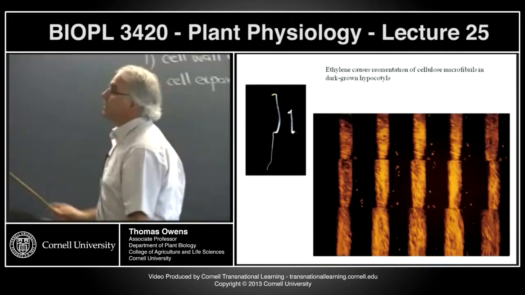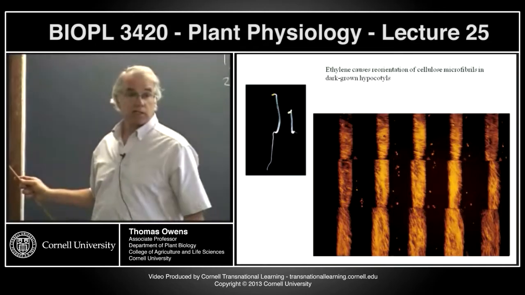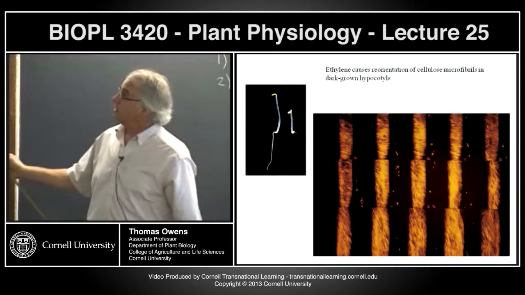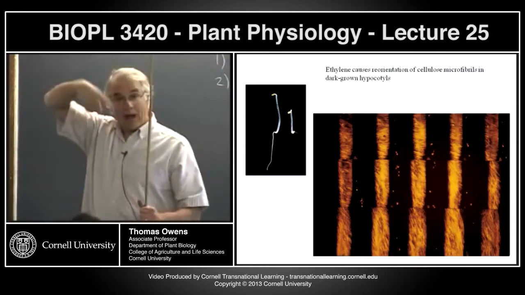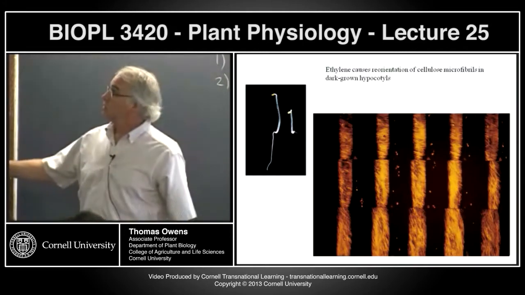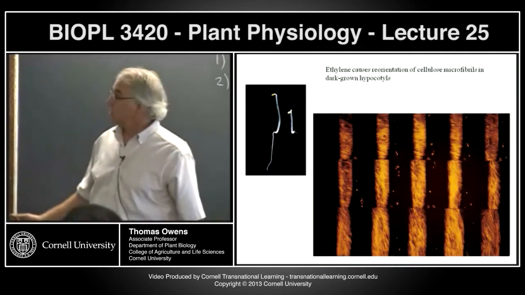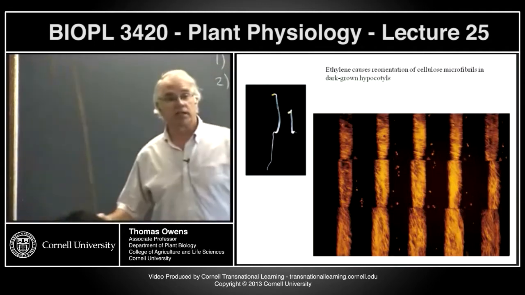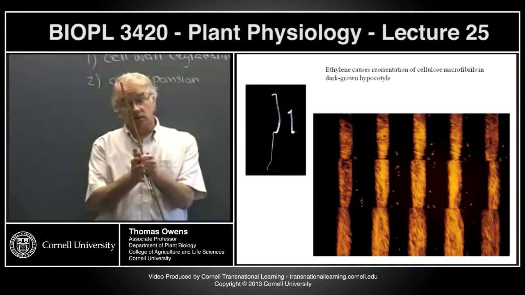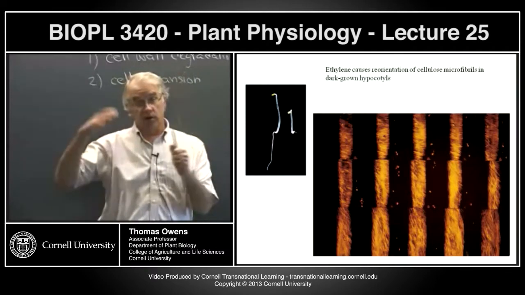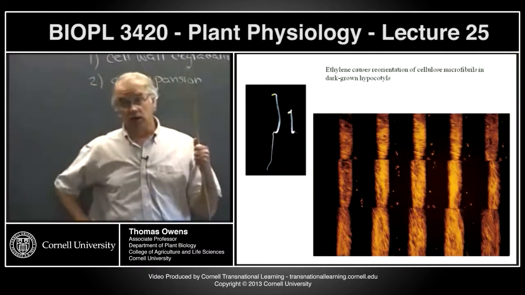These represent cells that are growing in the absence of ethylene in the hypocotyl, and you see the orientation of the cytoskeleton around the circumference of the cell. In the presence of ethylene, the cytoskeleton reorients along the long axis of the cell, so cells tend to get broader and don't grow as much along their length.